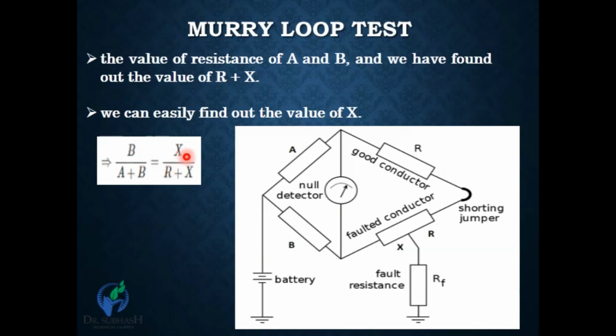Now the last term is X. We can simplify the equation from this and determine the value of X. X is the total resistance from the faulty point to the operating point. So we need to convert that resistance into distance. How can we convert from resistance to distance? In the next slide we show it.